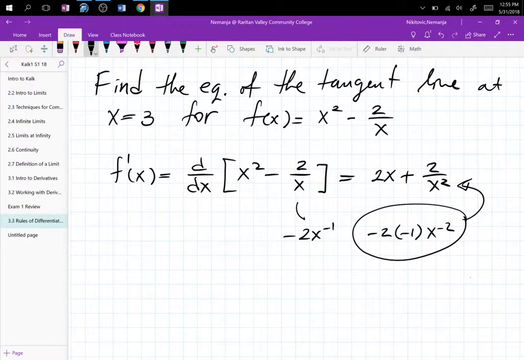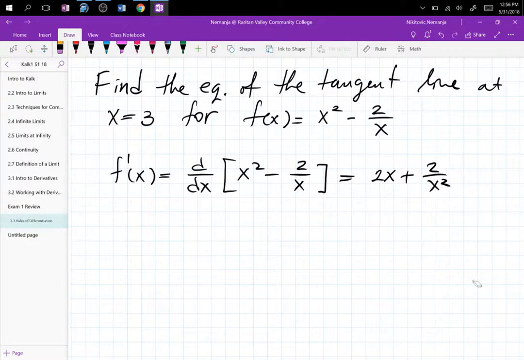So you rewrite the problem first. You can do this in the margin of the page until you get used to these things and start skipping these steps. You rewrite the problem, copy the constant, drop the exponent, and then subtract 1. So negative 2 times negative 1 is positive 2, and x to the negative 2 goes downstairs as x squared.